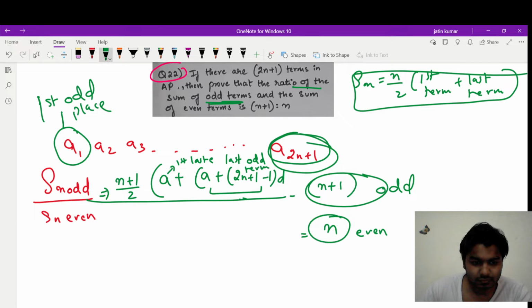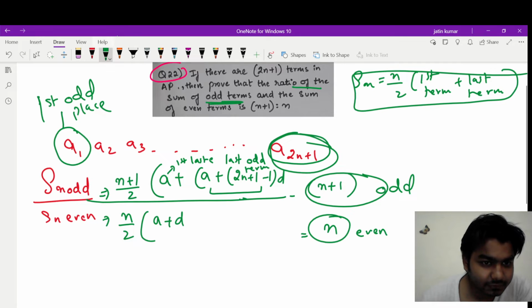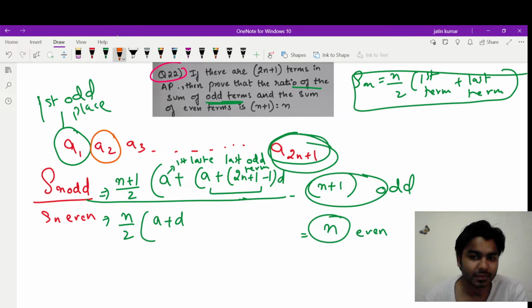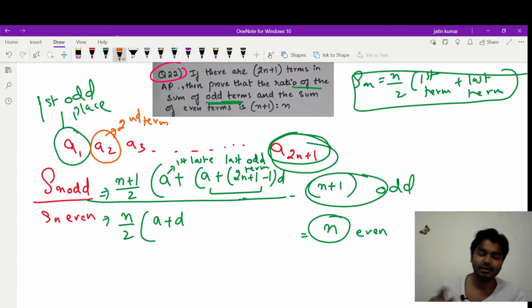And in the even also, n by 2 times the first term, which is a plus d. Now in the series, if you observe here, a2 will be our first even number. The second term will be our first number if we have to look for even. I hope you are getting the idea that a2 will be our first term in case of even.